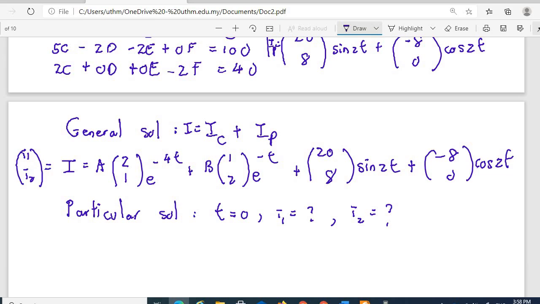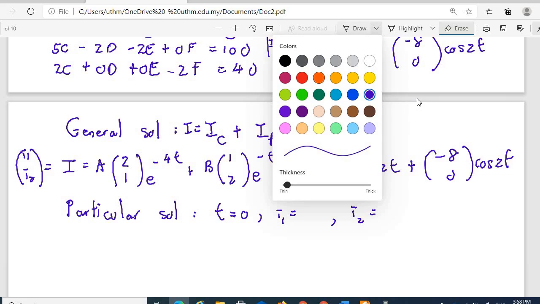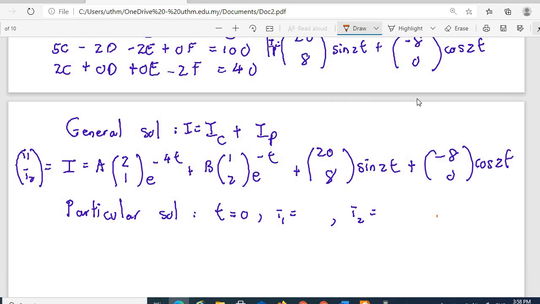When t is 0, exponent 0 is 1, and sin 0 is 0, cos 0 is 1. Let's say given when t is 0, I1 is 1, I2 is 1.